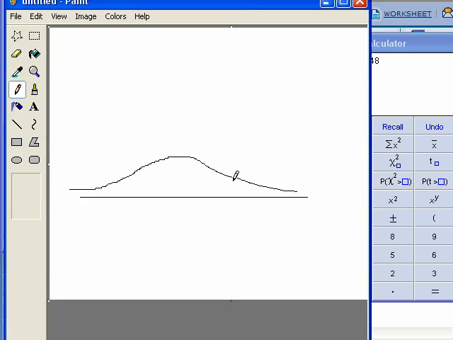All right, you can see I have Paint open and I've drawn a bell-shaped curve. If this is the Z distribution, this point here in the middle would represent Z equal to 0. And then we've got a test statistic of 0.900, so we say, well, right about here.